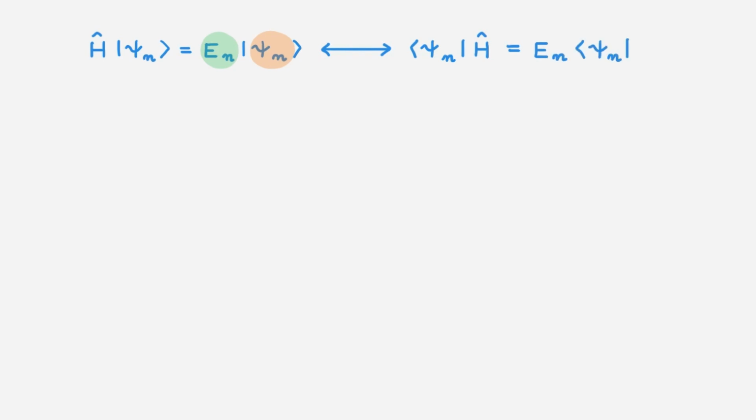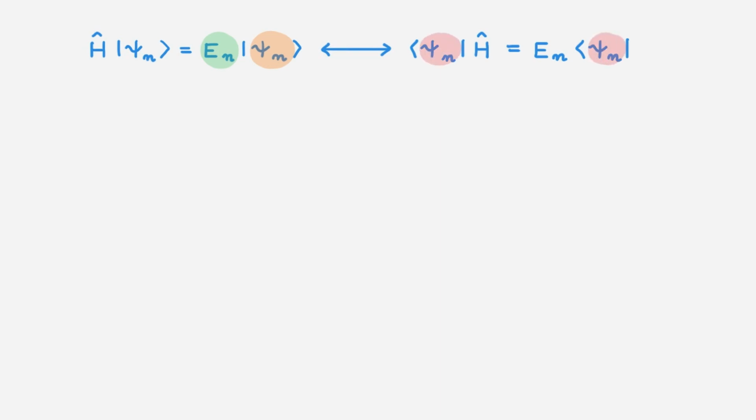Let's go! We start with a time-independent Hamiltonian H that obeys this eigenvalue equation. As usual, these are the eigenvalues, and these are the eigenstates. It will be useful in a moment to write this eigenvalue equation in the dual space. Now, in general, when we go to the dual space, we turn kets into bras, as we do here and here.